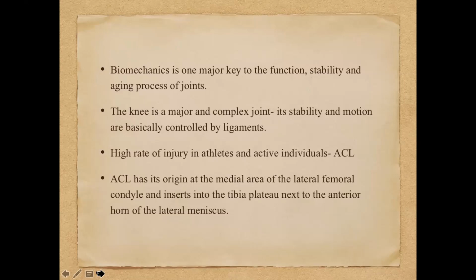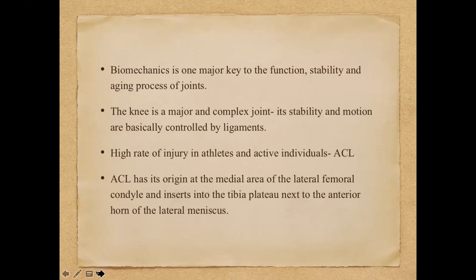The knee joint is a major and complex joint, and its stability and motions are controlled by the ligaments around the joint, mainly the ACL, PCL, medial collateral, and lateral collateral ligaments.